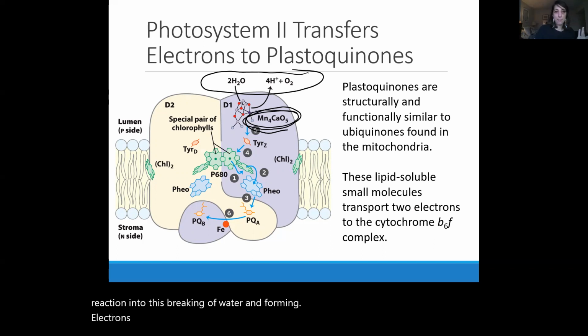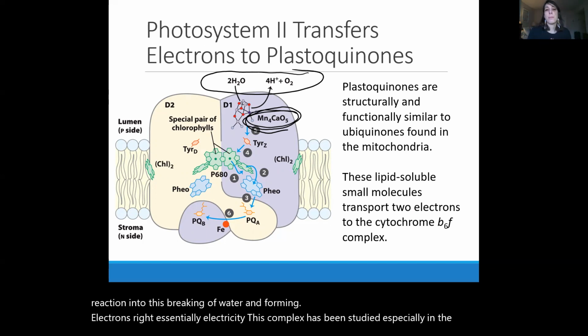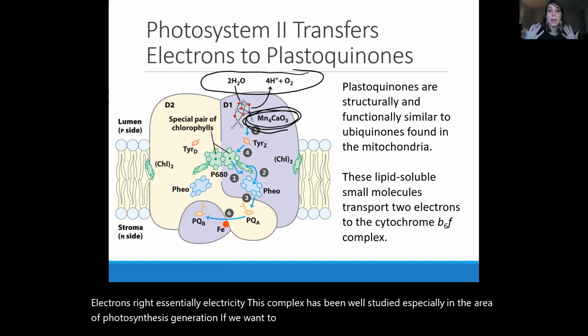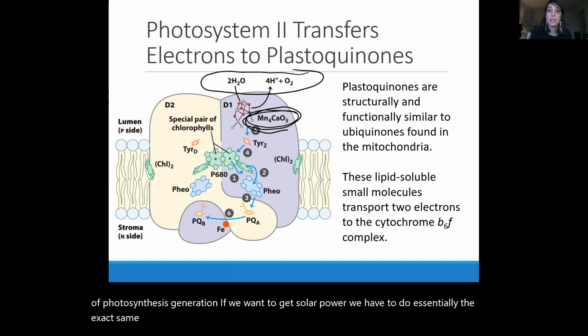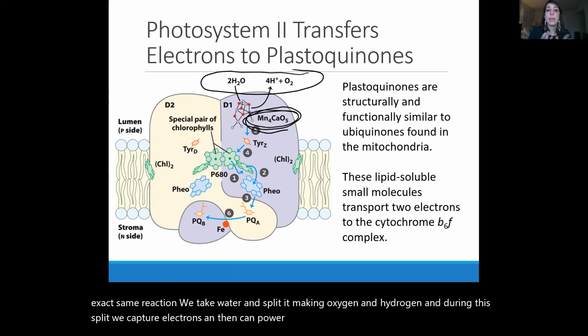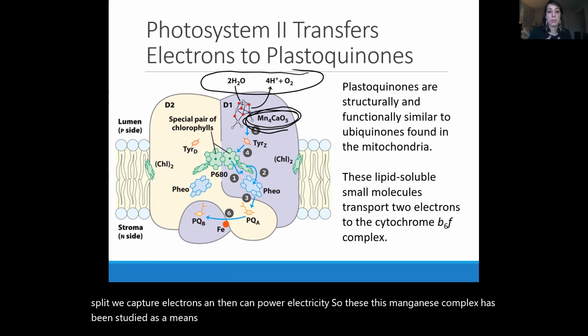Essentially electricity. This complex has been well studied, especially in the area of photosynthesis generation. If we want to get solar power, we have to do essentially the exact same reaction. We take water and split it, making oxygen and hydrogen. And during this split, we capture electrons and then can power electricity. So this manganese complex has been studied as a means to catalyze the capture of light.